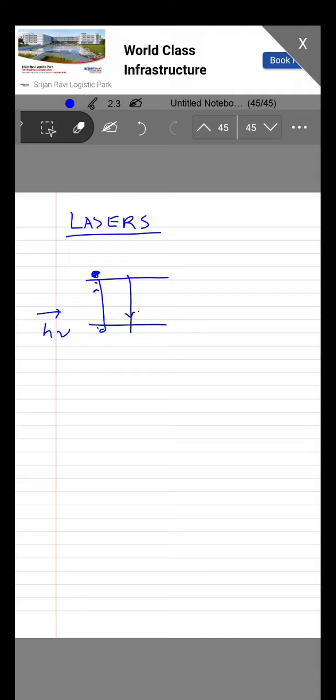Now in this process, after recombination it gives an energy h nu, which has been radiated. If we somehow manage to induce more radiation while it is radiating, we get a coherent light coming out of the system, and this is the laser light.